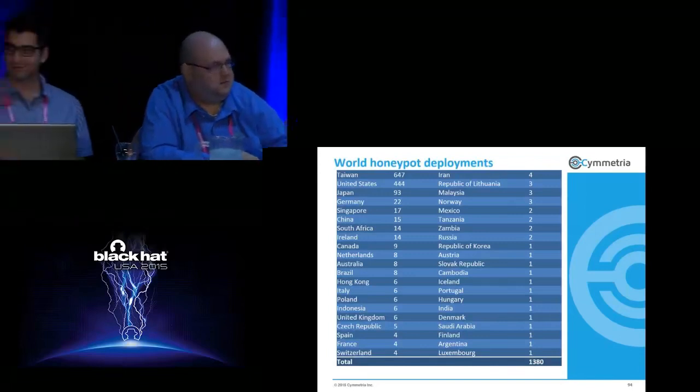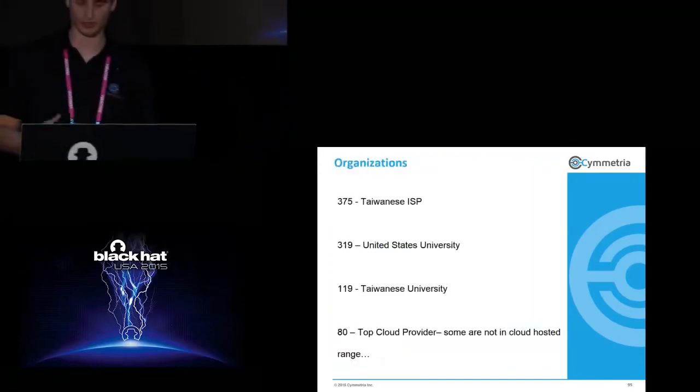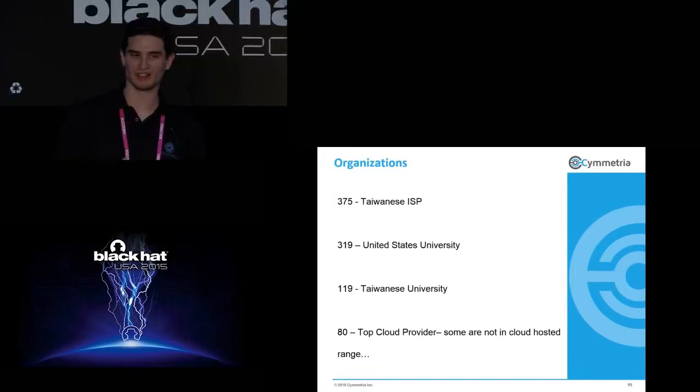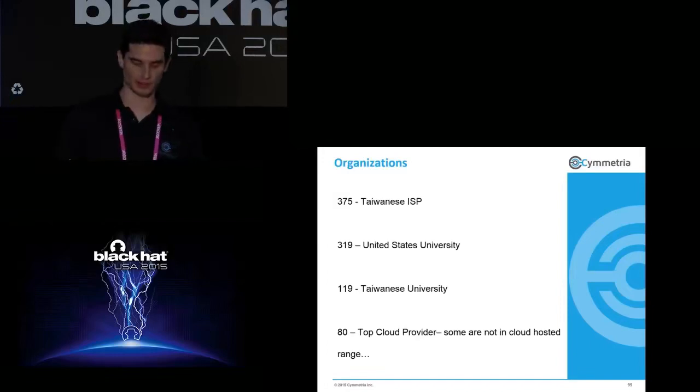Yeah. And when we started looking at the organizations, which we gave a declassified view of, you can see that most of the Anya deployments around the world are in a Taiwanese ISP, then in one of the United States universities, which is cool, I want to go study there or make my kids go study there. And then another Taiwanese university.